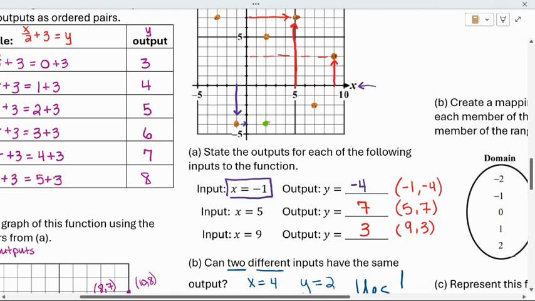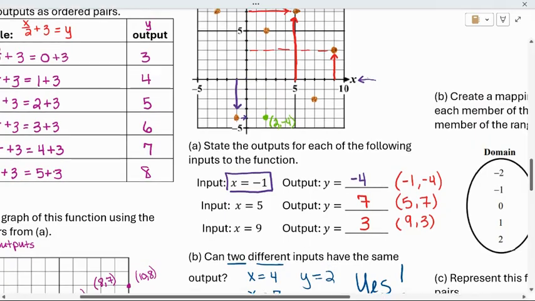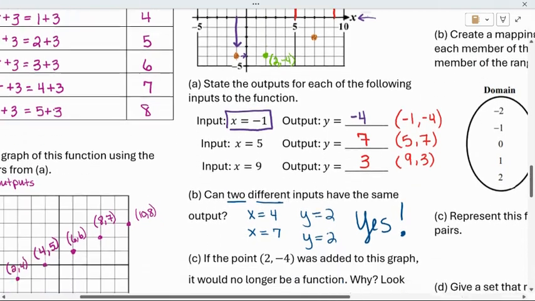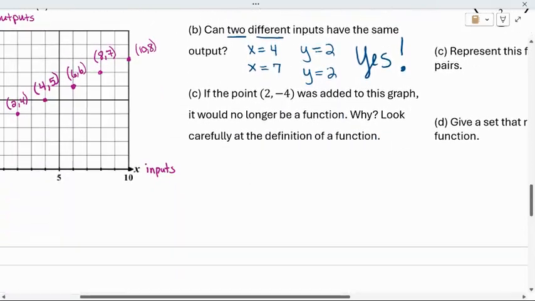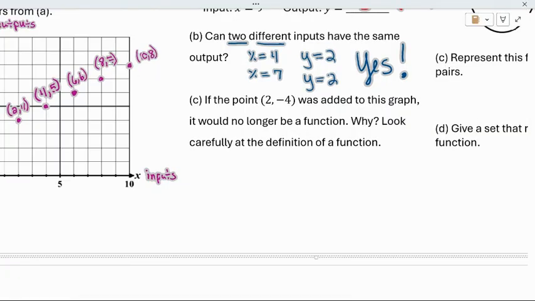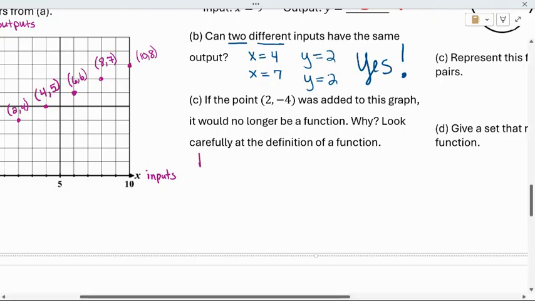This is the point that I'm adding. Put that on your paper. Plot that point 2, -4. Is this still a function? It says, look carefully at the definition. Well, it's not a function, and I'm going to tell you why.